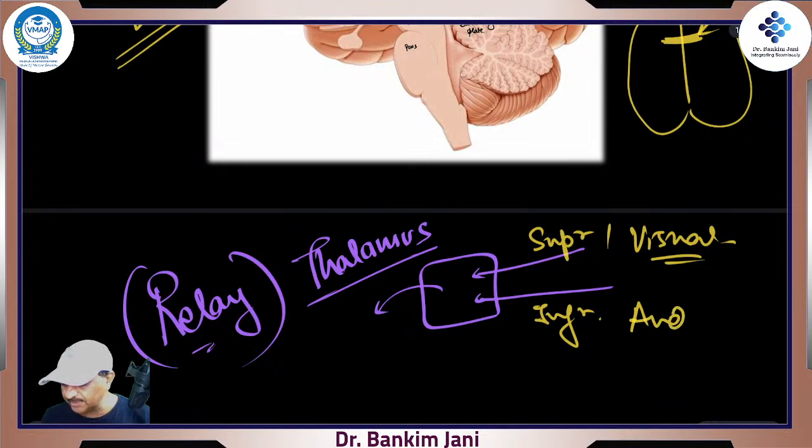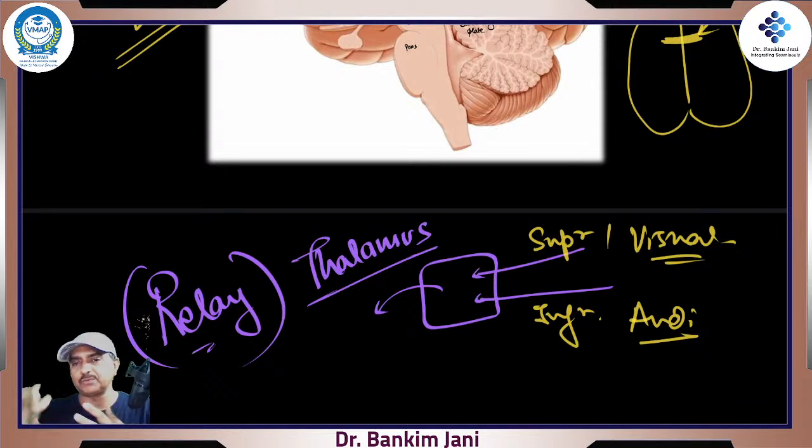Whatever you hear comes via the inferior colliculus. Everything is given to the thalamus, which processes it and takes it to the higher level.